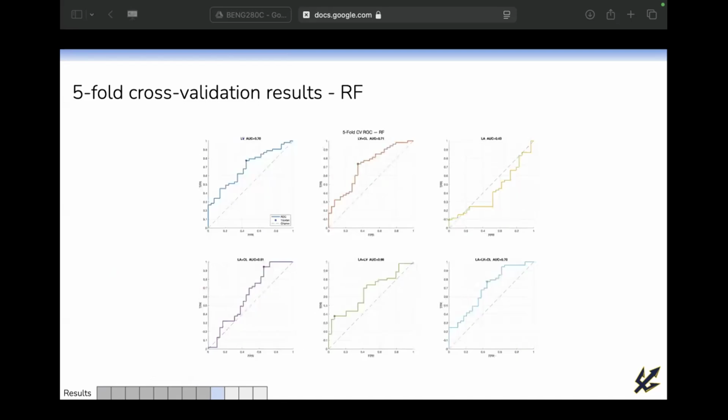And now we've entered pretty new territory, which is that we're using the new random forest technique with the cross-validation approach for all 6 combinations of metrics. To note, the left atrium by itself is not performing well. It's actually worse than chance. Yeah, you just have to do the opposite of what it tells you to do. Yeah, exactly.